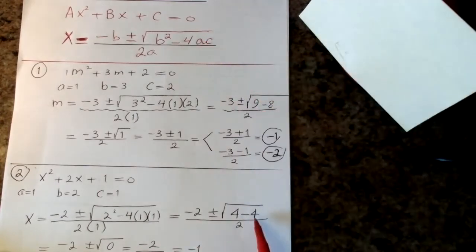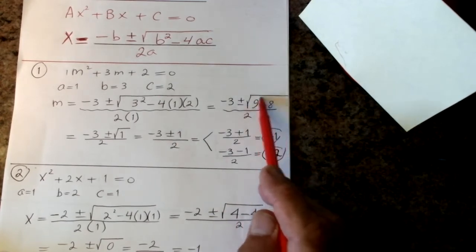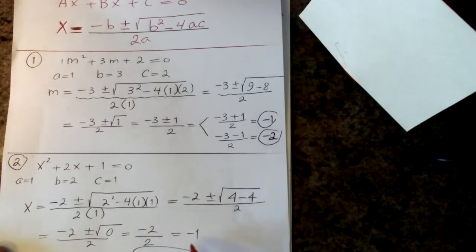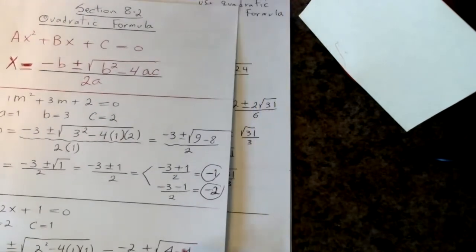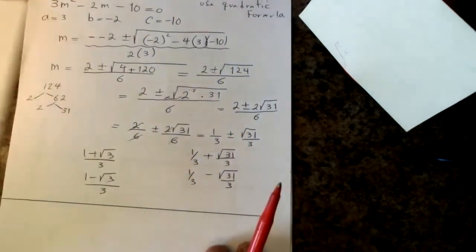If the number under the radical is negative, it's undefined, because we don't have the radical of a negative number. If the outcome under the radical is positive, you always have 2 answers.